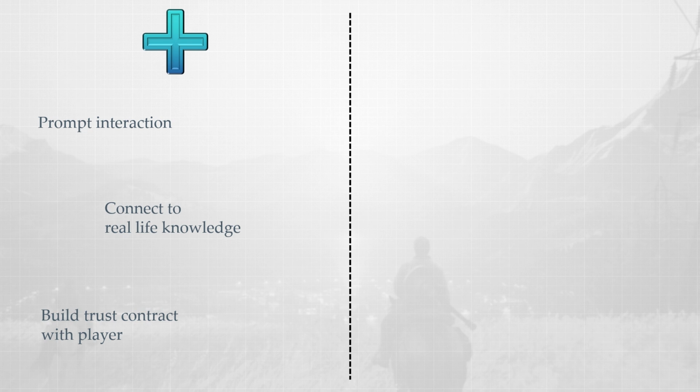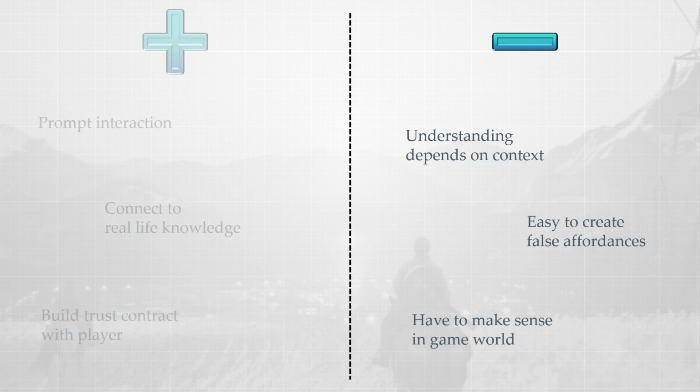The downside of an affordance is that whether we understand an affordance and how we understand it very much depends on the context. For example, a calm river might afford swimming through, but if your character is designed in a way that the player thinks they're not able to swim, then players also wouldn't get the affordance. And you have to be careful to not create affordances that are only understandable for people from a certain culture.